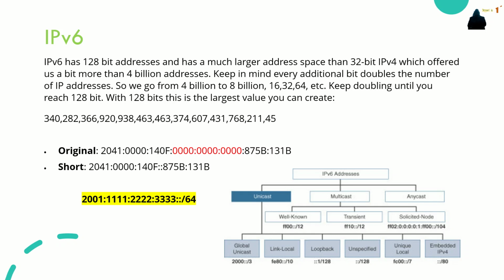Also, we have link local addresses, which are used to communicate with other devices on the same local link. Another type of unicast address is unique local, which has some similarity to RFC 1918 private IP addresses for IP version 4.